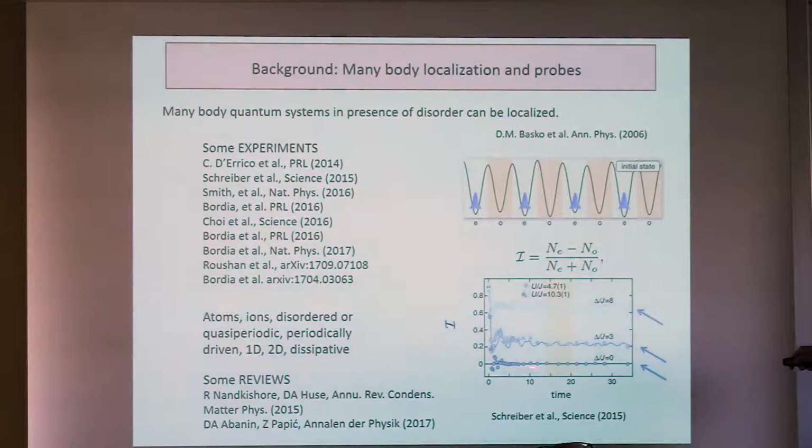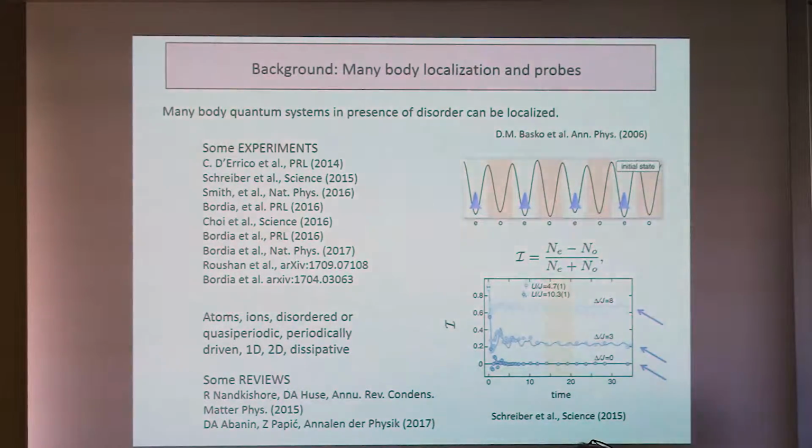In a non-interacting system, the imbalance goes down quickly to zero, and in a strongly interacting system with strong disorder delta, you can have localization.